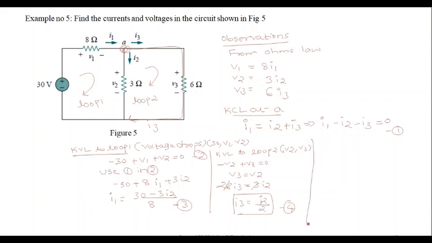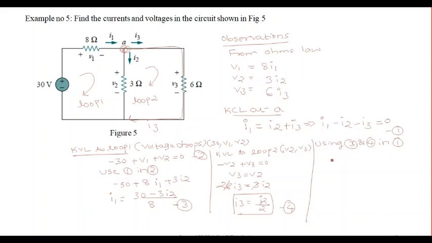Now using equations 3 and 4 in equation 1, I have defined I1 from the third equation and I3 from the fourth equation. So I will be able to calculate the values of I2, I3 and I1. Next is only the mathematics, just applying the concepts of network theory.